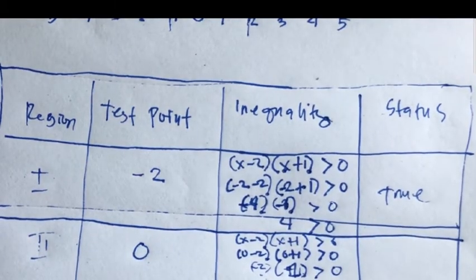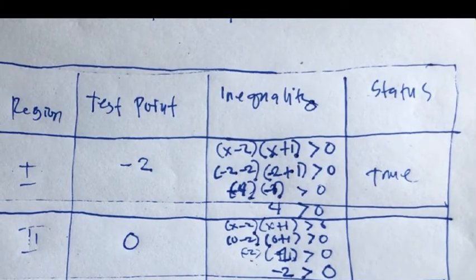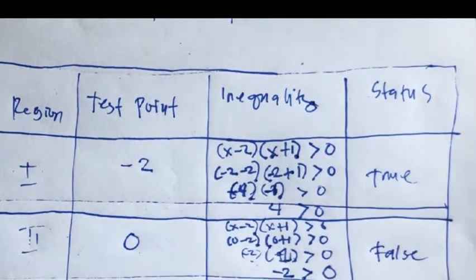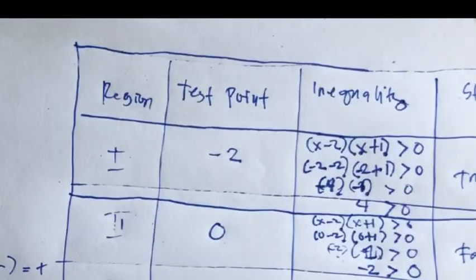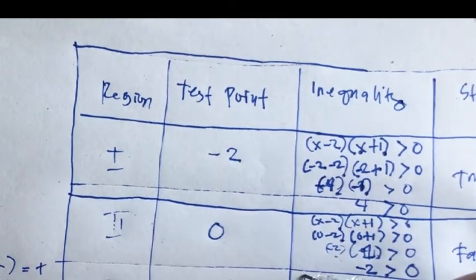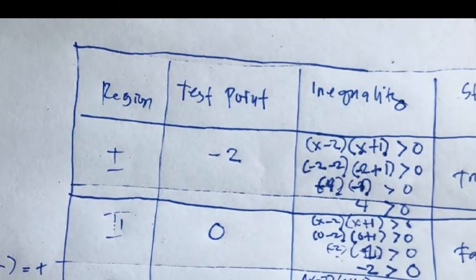So now let us test. Is negative 2 greater than 0? True or false? Alright, that is false. Now for the last test point, we have decided to use number 3. So still, copy the inequality. We have x minus 2 times x plus 1 is greater than 0.